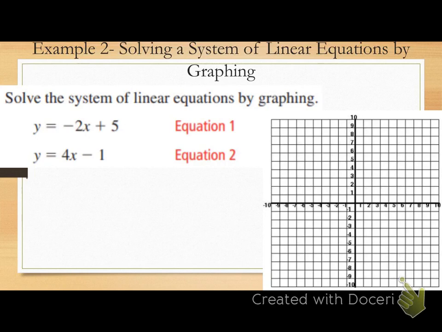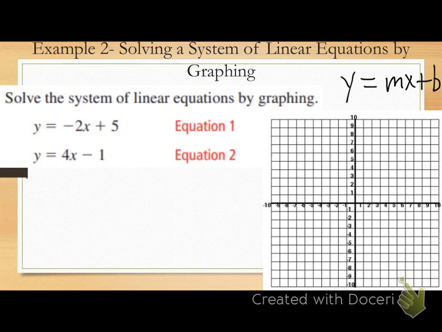If your equations are not in slope-intercept form, what are you going to have to do before you graph? Put them in slope-intercept form by solving for y, getting y by itself. Are our two equations already in slope-intercept form for us? Yes, they are. So, let's go ahead and graph them.